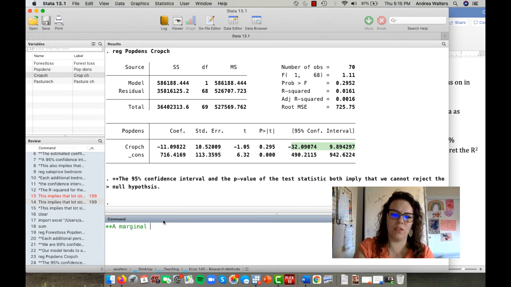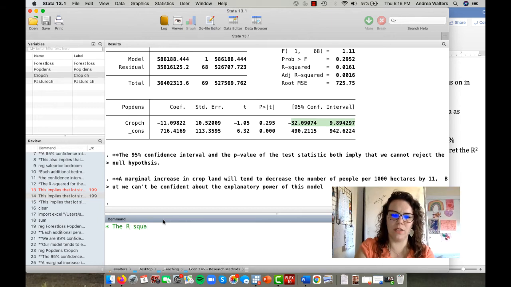A marginal increase in cropland will tend to decrease the number of people per 1,000 hectares by 11, but we can't be confident about the explanatory power of this model.